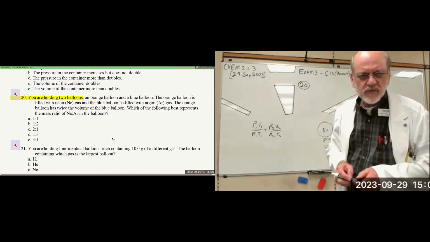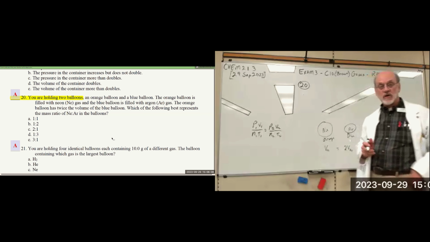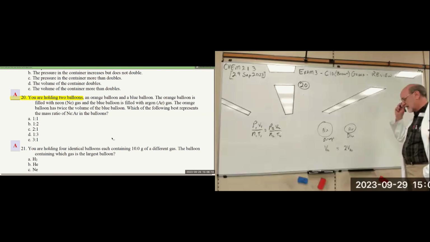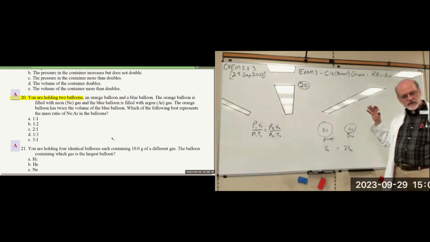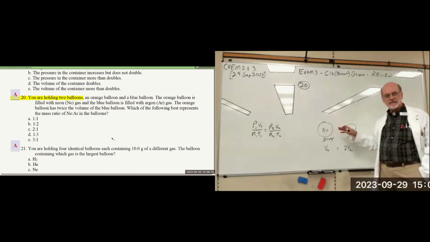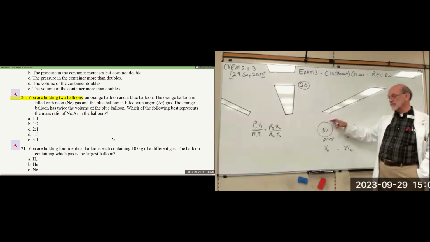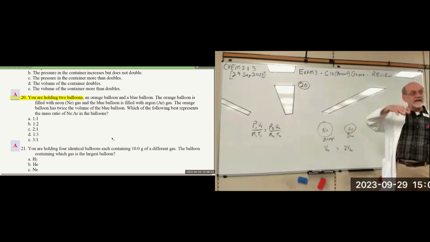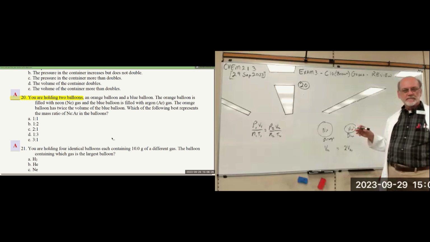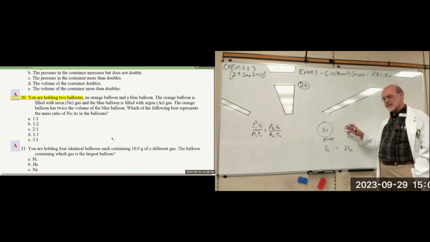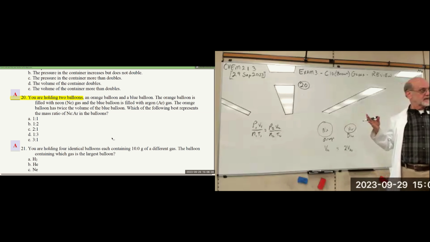Which of the following best represents the mass ratio? Okay. Well, if we assume that the temperature and pressure are the same, because the pressure is going to be the same because they're balloons, right? They inflate against the same pressure. And they're together in the same room, so the temperature is the same.